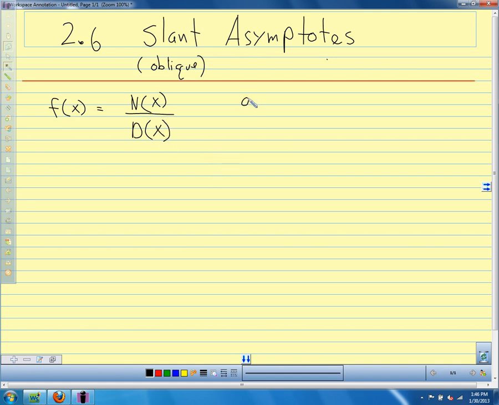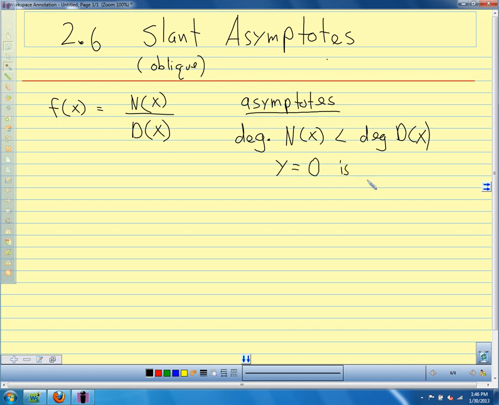For our asymptotes, if the degree, and I'm just going to use the abbreviation DEG, degree of n of x is less than the degree of d of x, the degree of the numerator is smaller, then y equals 0 is a horizontal asymptote.